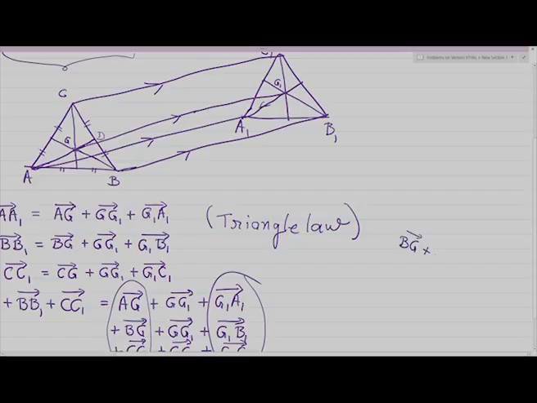BG bar plus CG bar is equal to, so I have to relate this to D according to section formula. So, if I am dropping a line from this on the line segment BC, then I am cutting it internally, and it is divided into two equal halves, therefore, this should be 2 times DG bar, right.